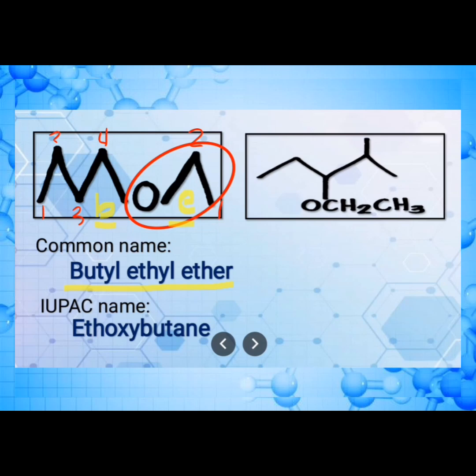So now let's proceed to another example of a line angle structural formula. First, again, count the number of carbons. 1, 2, 3, 4, and 5.